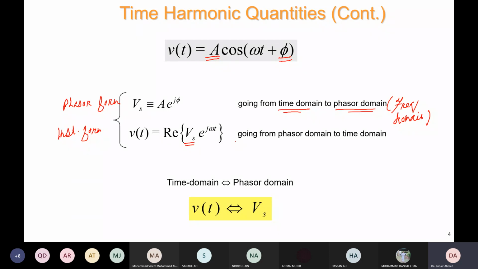In this way, you can convert from phasor domain back into time domain. Note the notation here: small letter v with function symbol t, v of t, represents the time domain signal, and this capital letter V with subscript S represents the phasor domain signal.